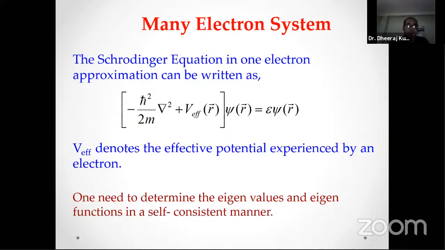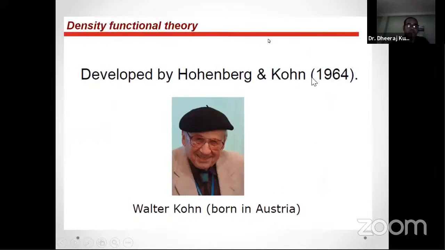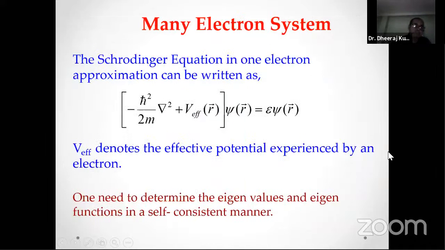This potential is very difficult to calculate in such a large electron system. So to predict the properties using this theory, it is very important to calculate the effective potential. If we calculate the potential energy effectively, then we can easily find the eigenvalues and eigenfunctions of that particular system.